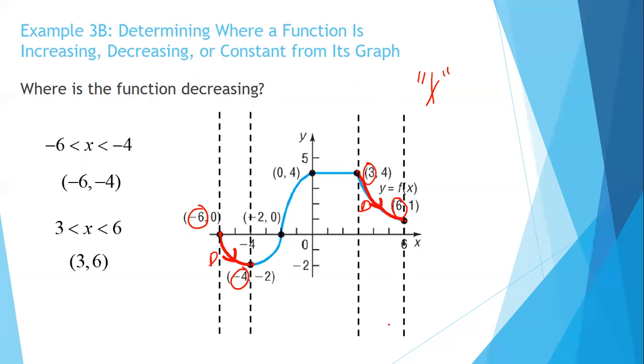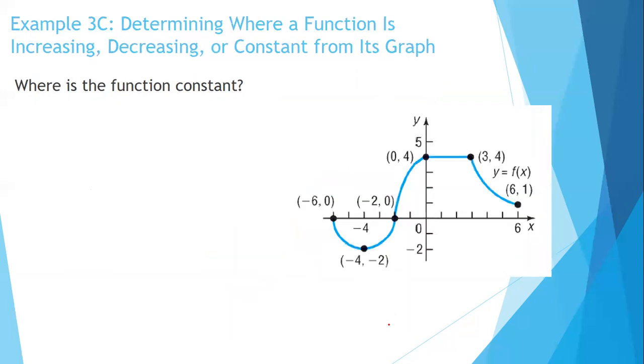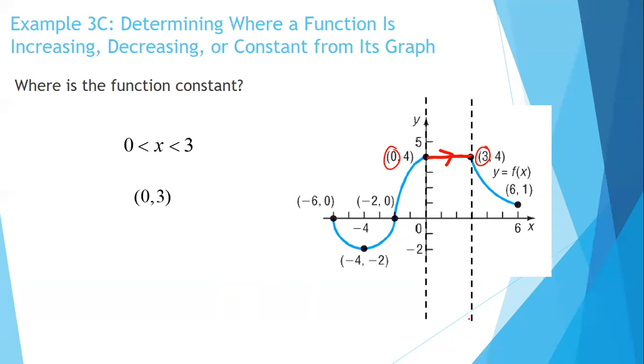Okay, and we didn't connect them because they're not connected. Does that make sense? All right, lastly, we have our constant. Where does it start? Where does it end? So from 0 to 3, that's the inequality, and here's your interval notation.